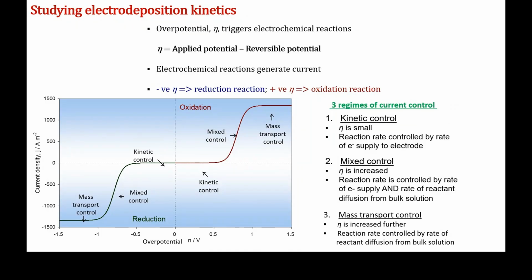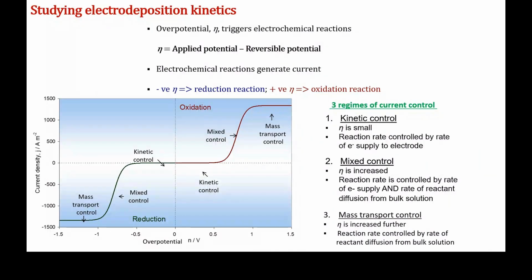All right. So now we start to look at the kinetics. Where we have zero is the electrode potential that we predicted from our potential pH diagram. So you have several regimes in how the current changes in response to an applied potential.